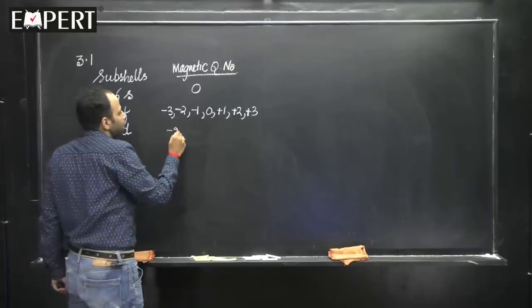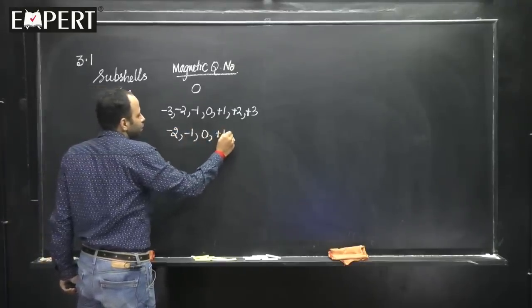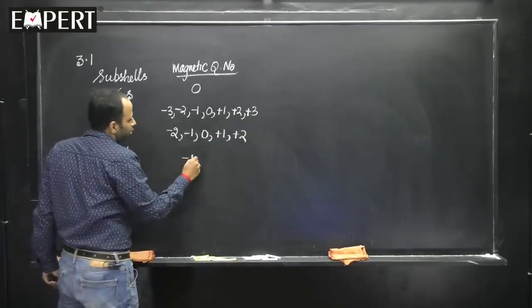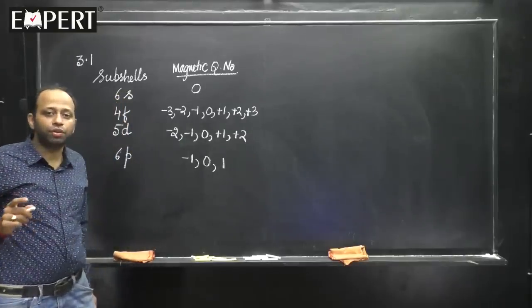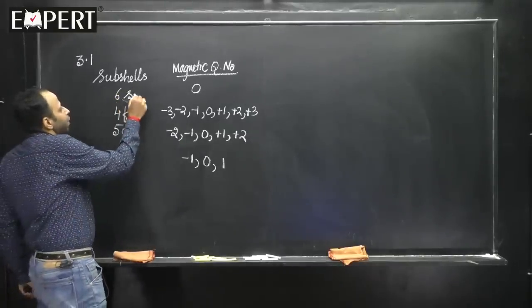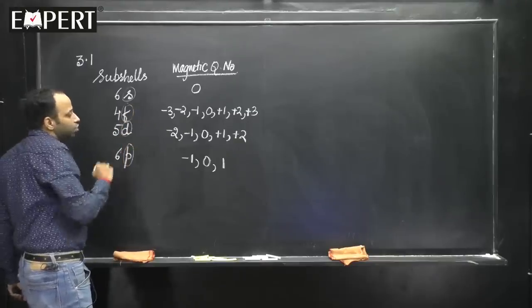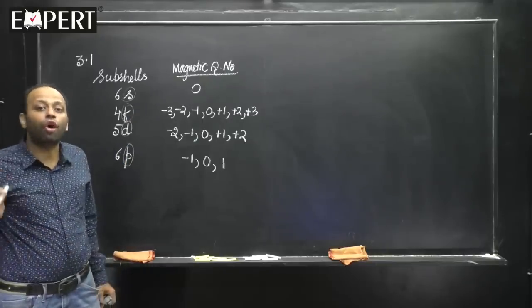Then for d orbital you have -2, -1, 0, +1 and +2, and for p orbital you have -1, 0 and 1. So, magnetic quantum number you should remember should only depend on what? Should only depend on the l value and nothing else. It should not depend on the n value. So, this will basically tell you the number of orbitals.